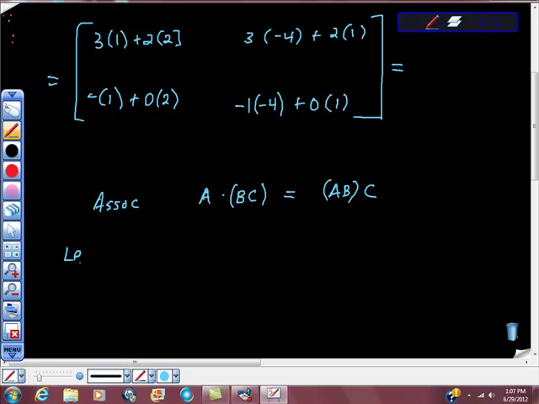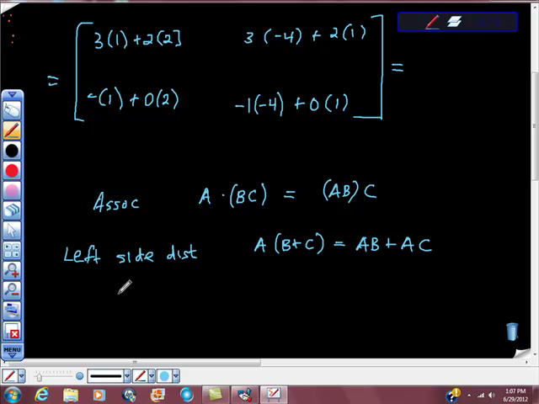We have a left side distributive property, which says that if we take A times quantity B plus C, where A, B, and C are matrices, you will get matrix AB plus matrix AC.